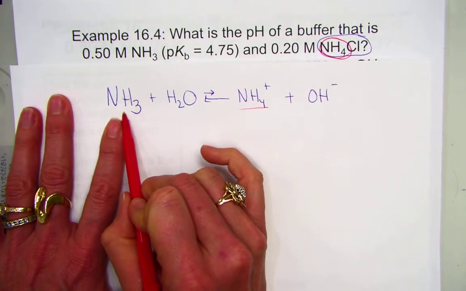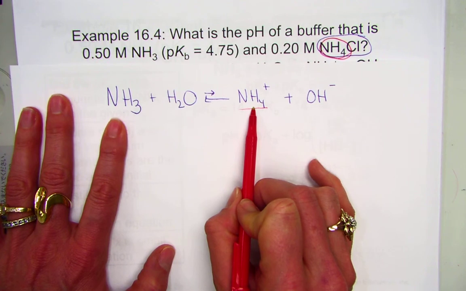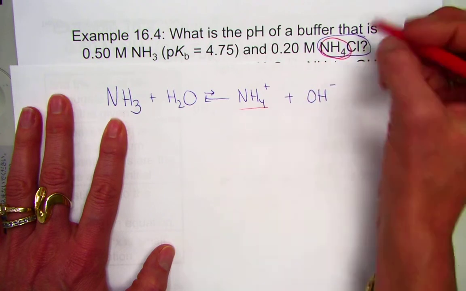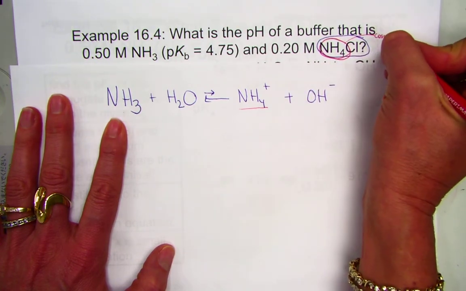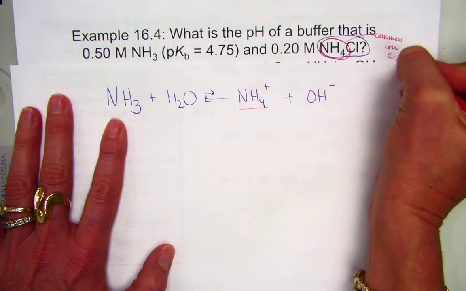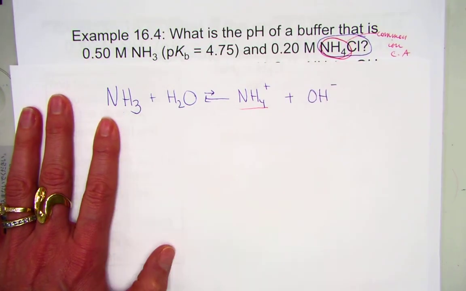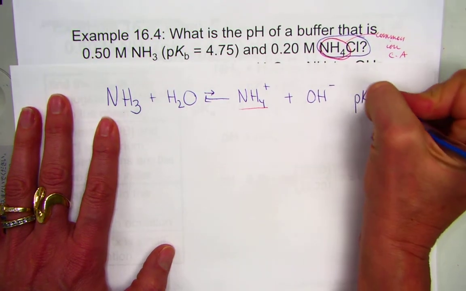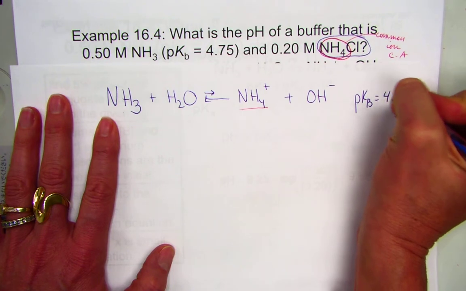So a weak base has a conjugate acid, a weak acid has a conjugate base. They both have a common ion. They have the same first name in common. So the common ion here is ammonium, the conjugate acid of the base ammonia. The other thing we know is that pKb is equal to 4.75.